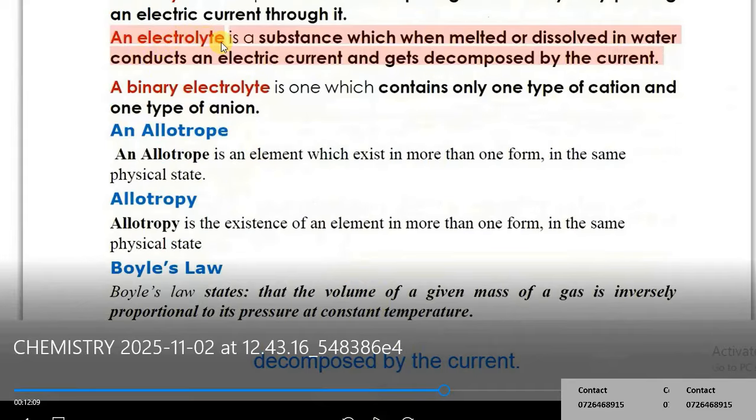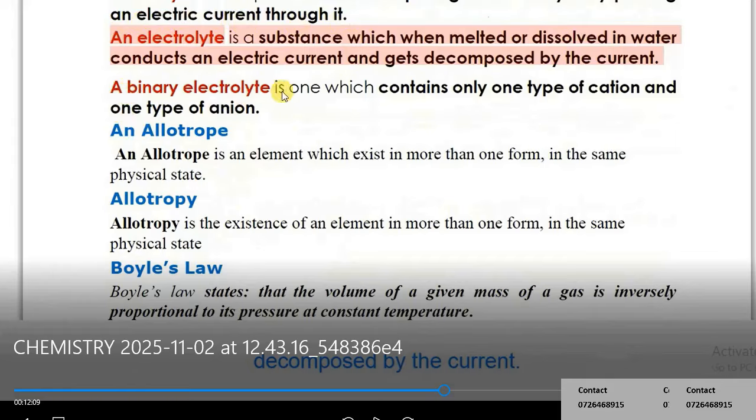An electrolyte is a substance which, when melted or dissolved in water, conducts an electric current and gets decomposed by that current.